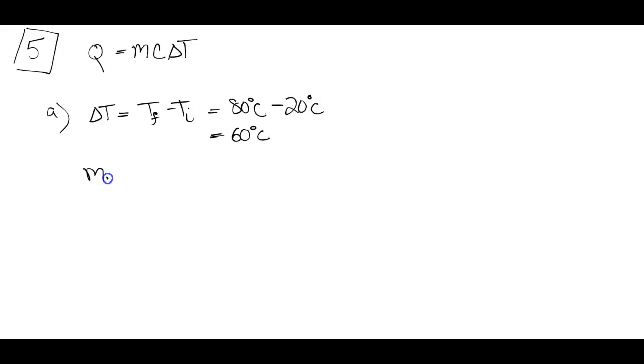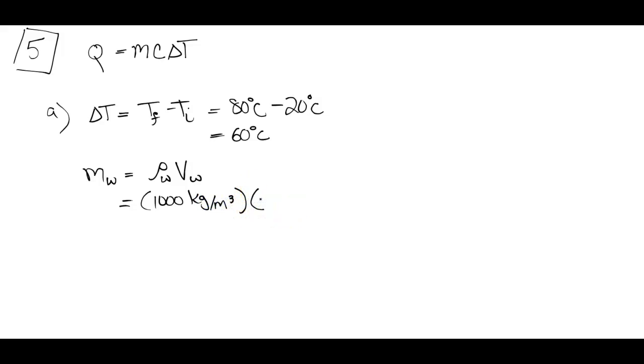The mass of the water is going to be the density of water times the volume of the water used. And if you recall, the density of water is 1,000 kilograms per meters cubed.